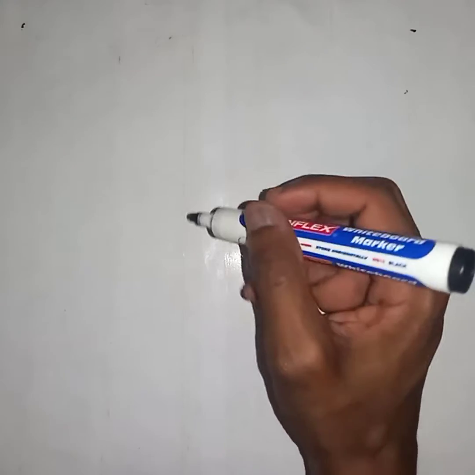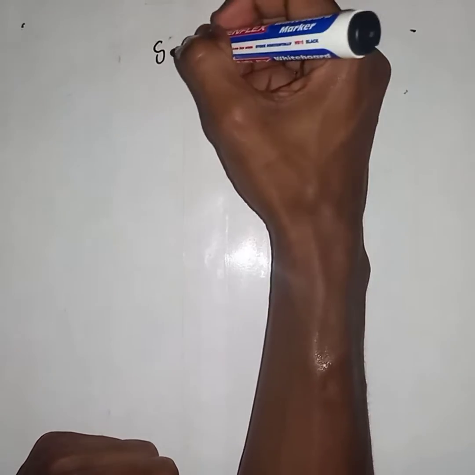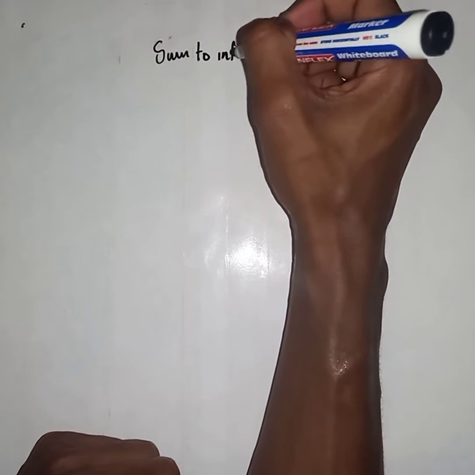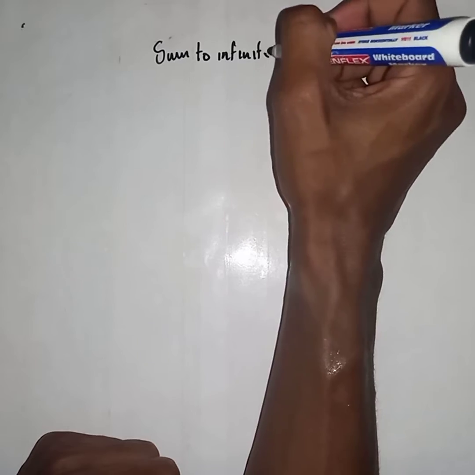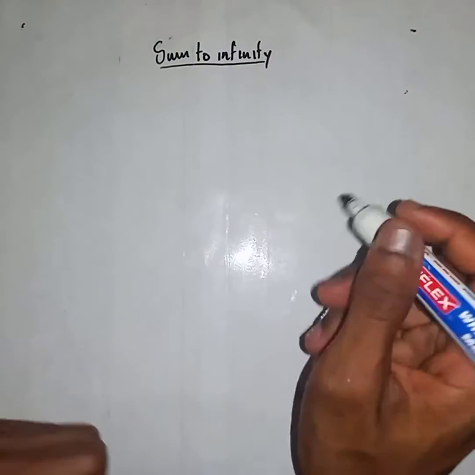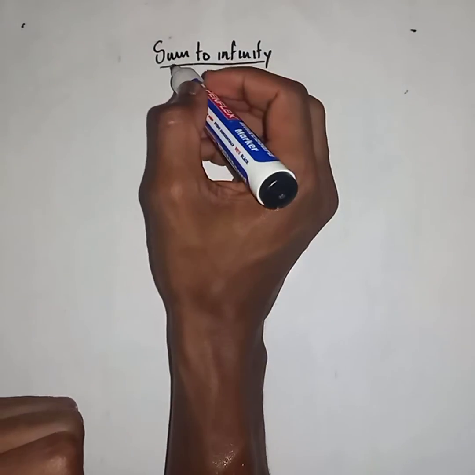Today, I just want us to focus on this concept, which is the sum to infinity. Under this concept, we have two branches.